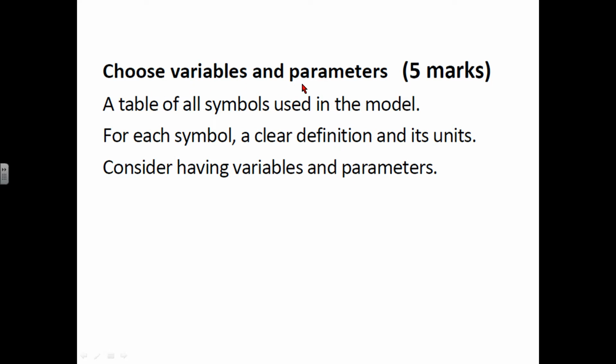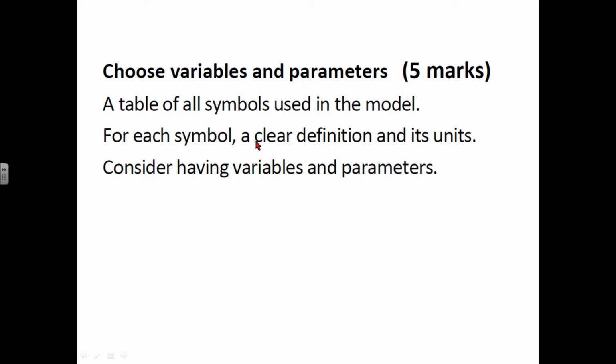Choose the variables and parameters. Some of you might want to separate your variables and parameters. That's a good plan if you can do it, not essential though. 5 marks associated. So we're going to have a nice table of symbols used in the model and significant terms in the derivations.